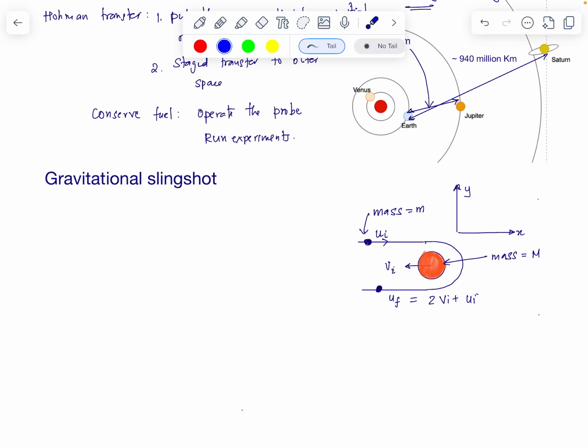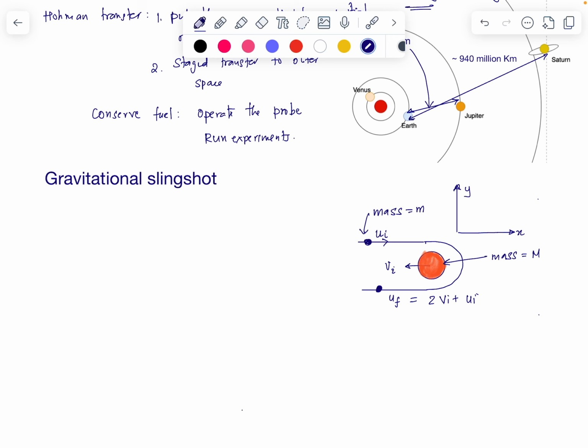So the spacecraft, or the probe, emerges on the other side with a final velocity equal to roughly two times the velocity of the planet plus the initial velocity of the spacecraft. So let's derive that using the equations of conservation that we have.